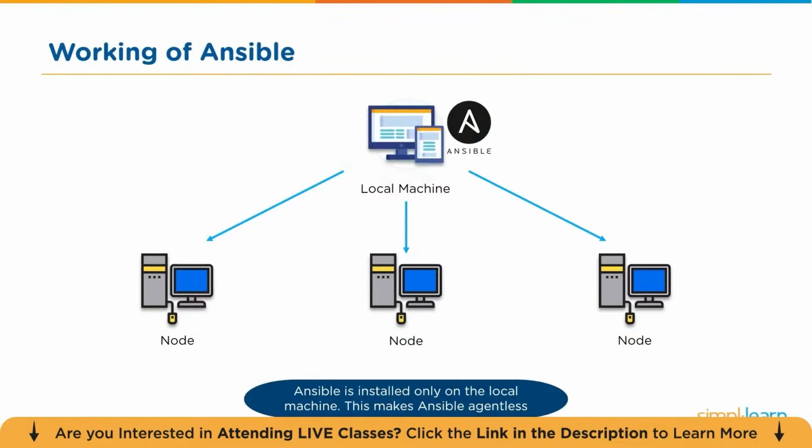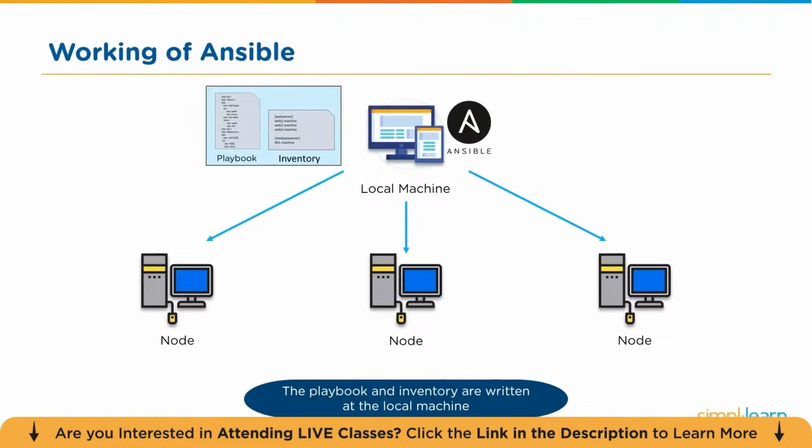In the real world environment, you would have the Ansible software installed on a local machine, and then it connects to different nodes within your network. On the local machine, you'll have your playbook, which is the set of instructions for how to set up the remote nodes. And to identify how you're going to connect to those nodes, you'll have an inventory.